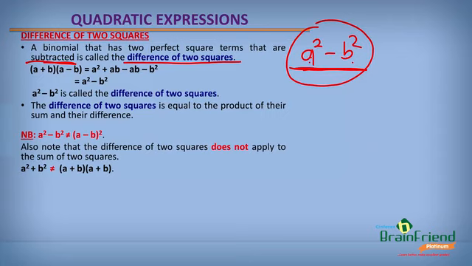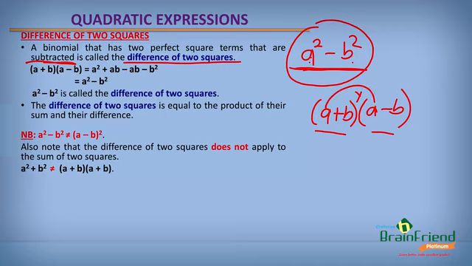Now, let's look at this. Supposing we have a plus b times a minus b, and we're asked to find the product of these two terms. Using our normal expansion method, a times a gives us a squared.